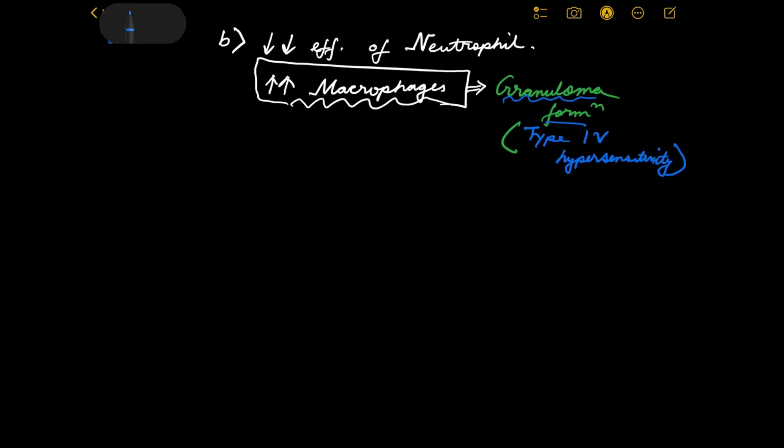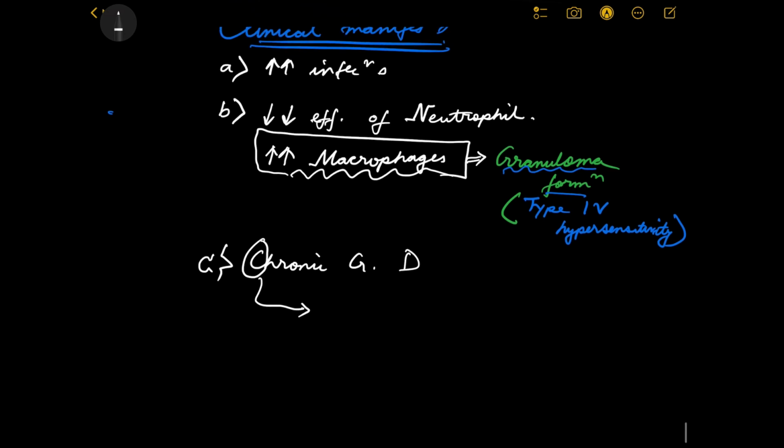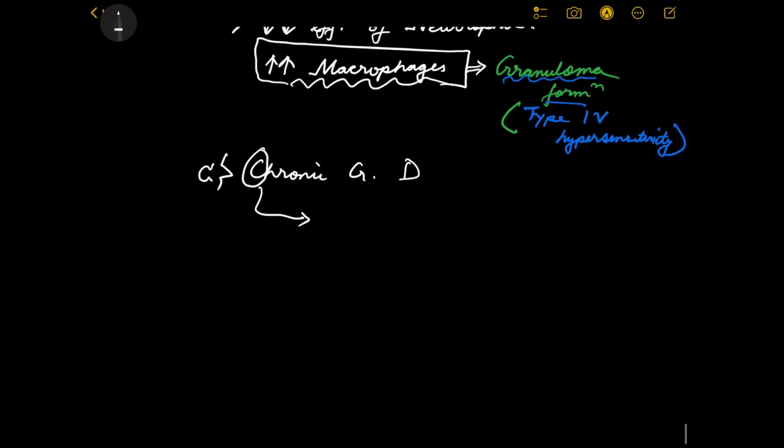There is another point that I have forgotten to mention here. In chronic granulomatous disease, I said that there is increased chance of infections. To be more specific, chronic granulomatous disease increases the chance of infections by whom?